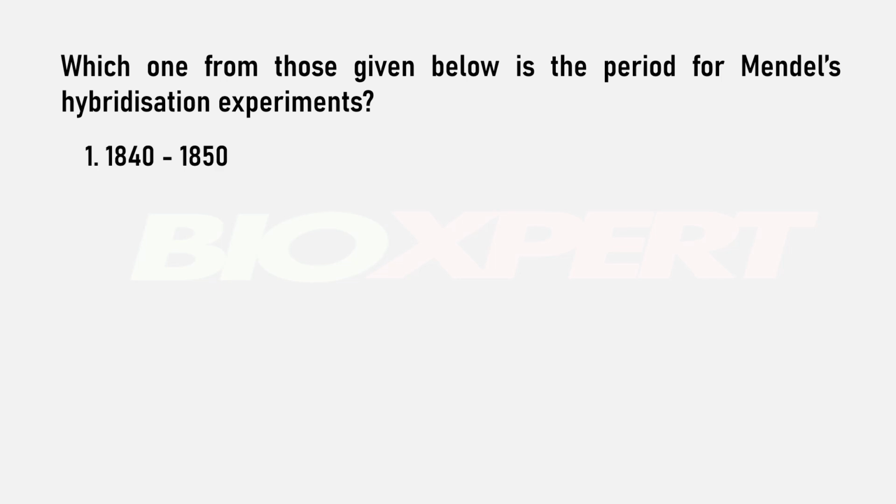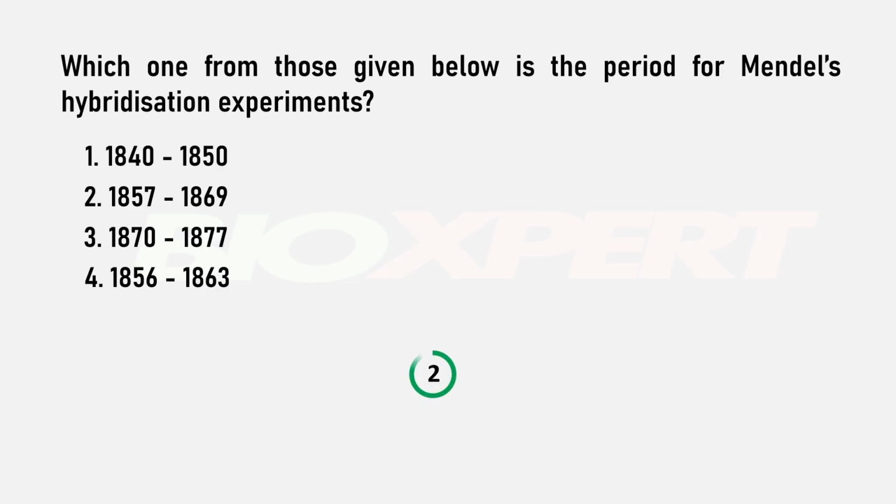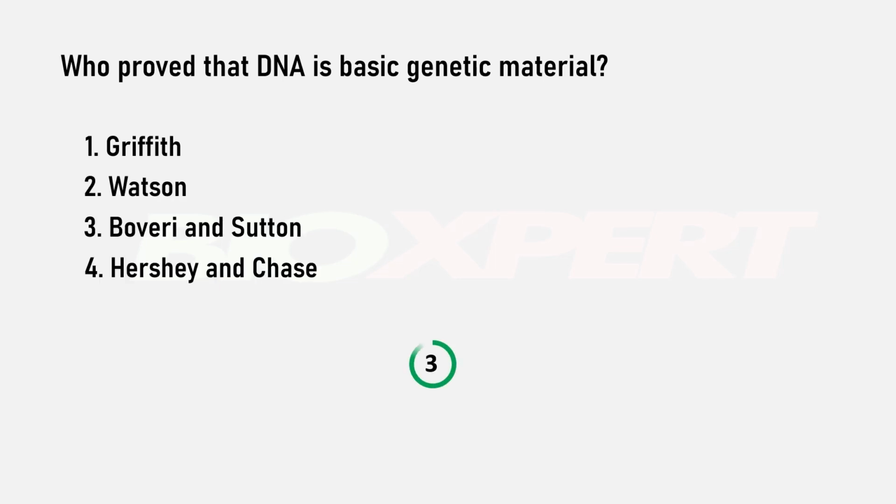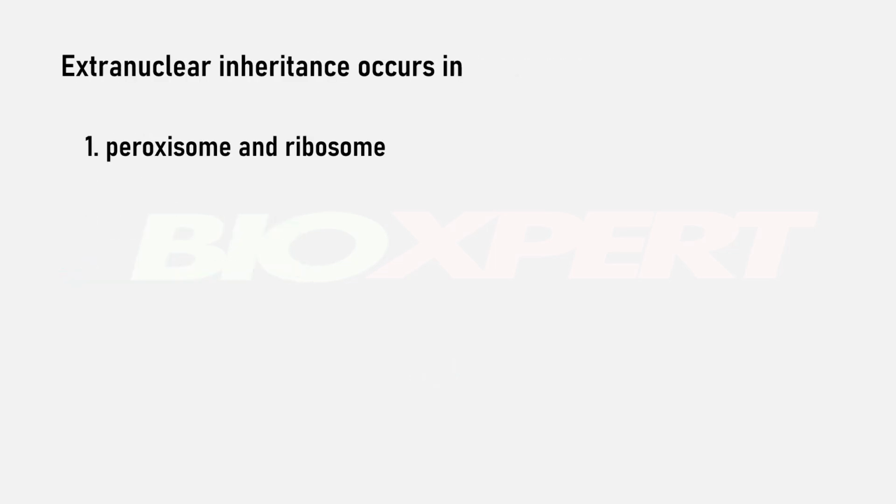Which one from those given below is the period for Mendel's hybridization experiments? 1856 to 1863. Who proved that DNA is basic genetic material? Hershey and Chase.